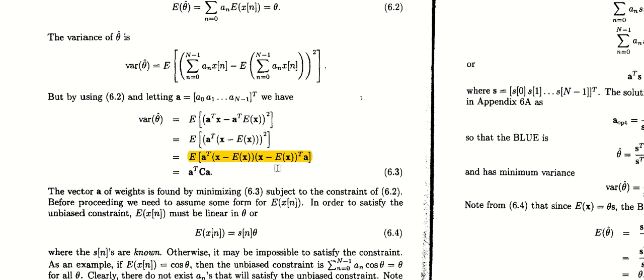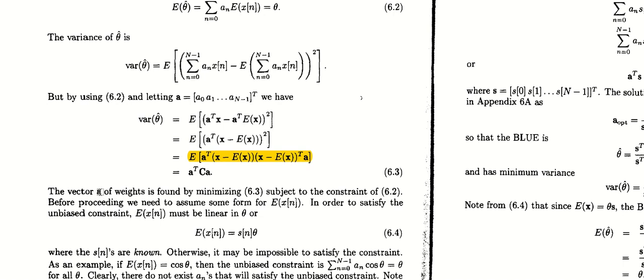You get the expectation of (x minus E[x])(x minus E[x]) transpose. This is exactly the definition of the covariance matrix, and therefore you have C, the covariance matrix.